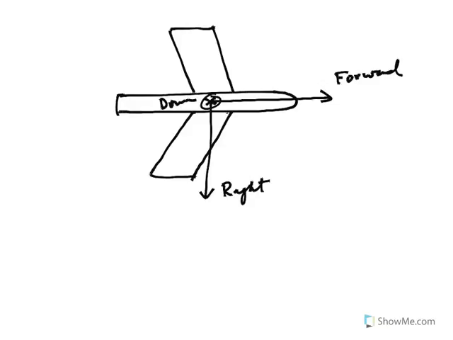So rotation 1 is about down, and it's referred to as the yaw angle.